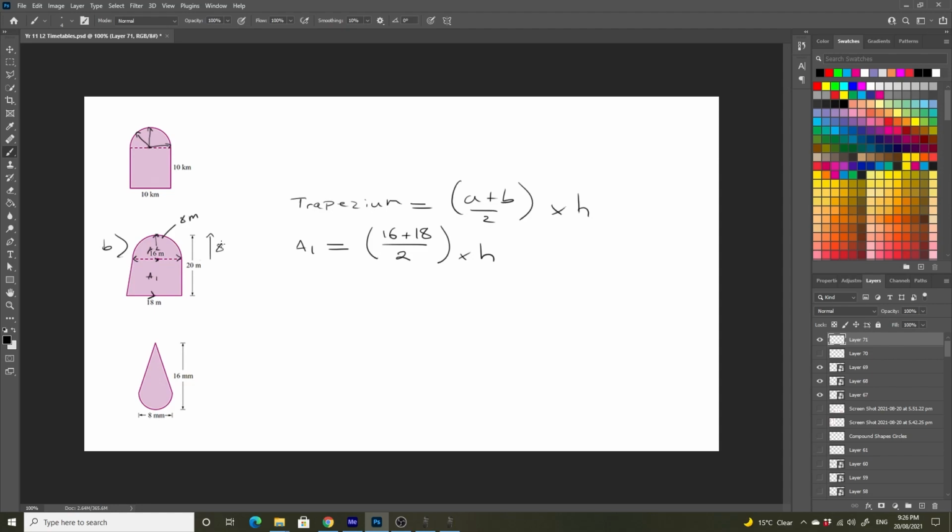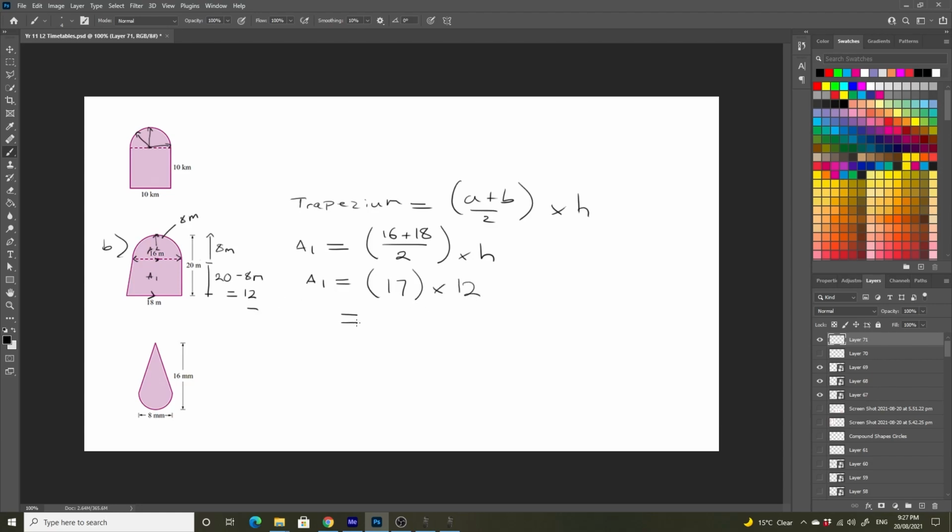So if we know this bit here is equal to 8 meters, now we know that this chunk here, which is our perpendicular height for a trapezium, must be equal to 20 minus 8 meters, which is equal to 12. So our area for our trapezium is going to be, well, 16 plus 18 is 34. 34 divided by 2 is equal to 17, times our height, which is 12.